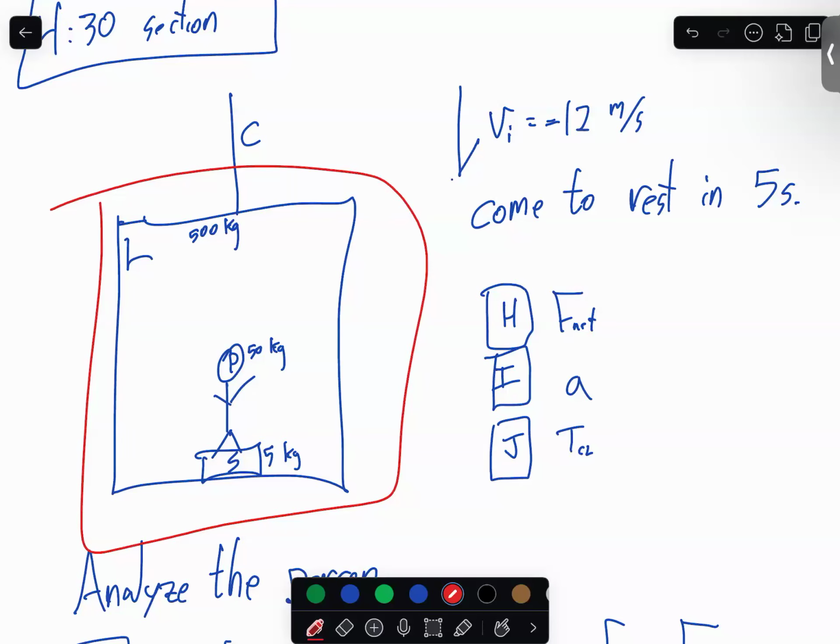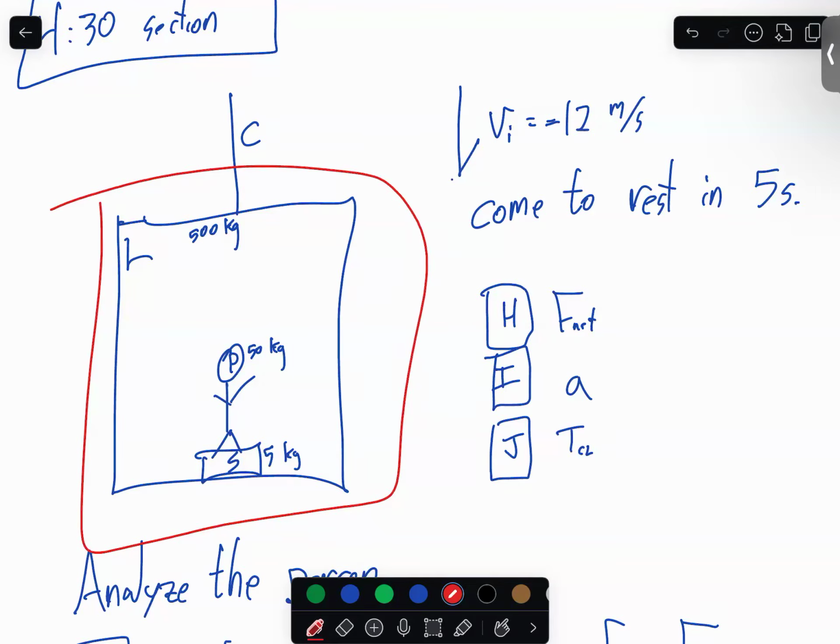I know there are other formulas, but in general, add together the things acting on it. What's your net force?